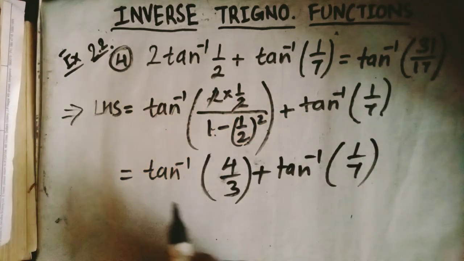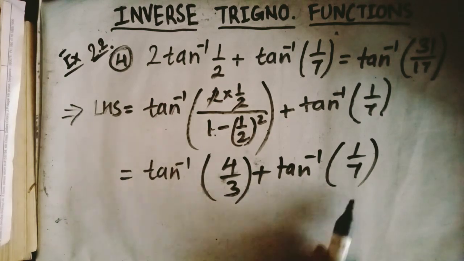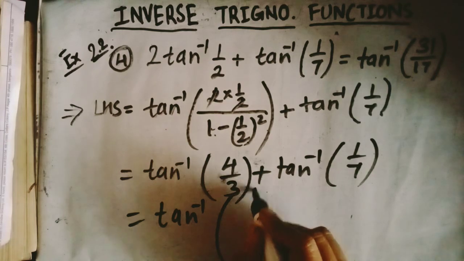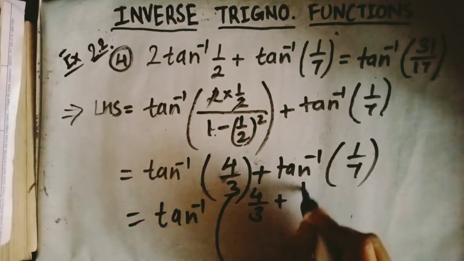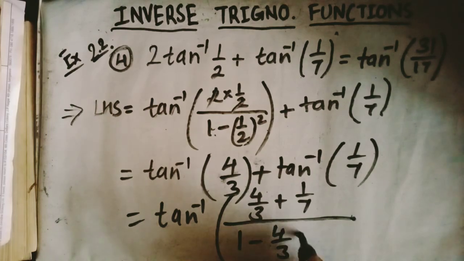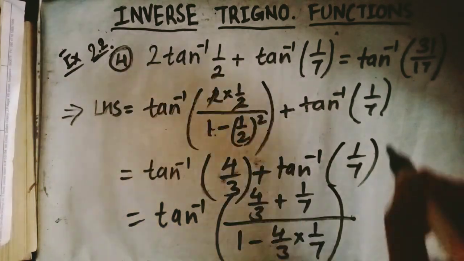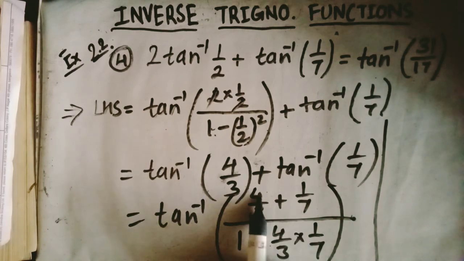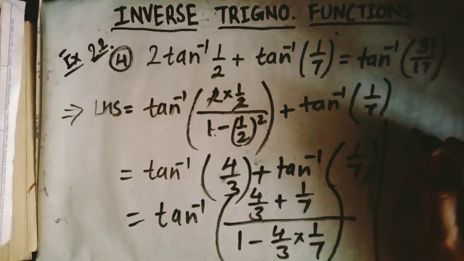Now you have to make use of the tan inverse of x plus tan inverse of y formula. So tan inverse of 4 by 3 plus 1 by 7 upon 1 minus 4 by 3 into 1 by 7. So this will be 28 plus 3, 31.